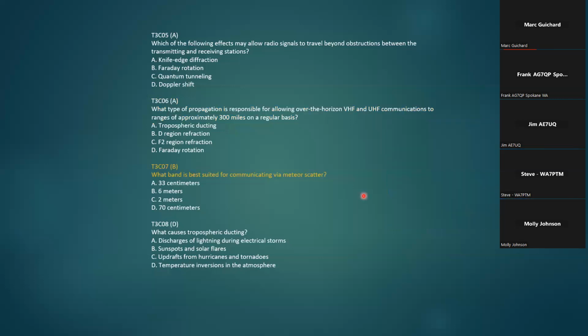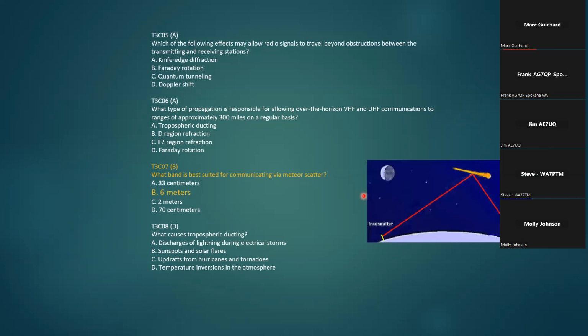And here is another one that some hams really like to try out. What band is best suited for communications via meteor scatter? It's kind of a specialized thing that some hams like to play with, but the 6 meter band is the best band for experimenting with this.